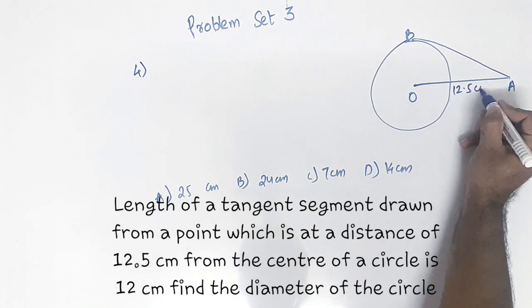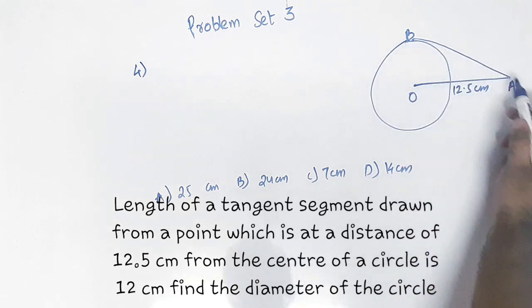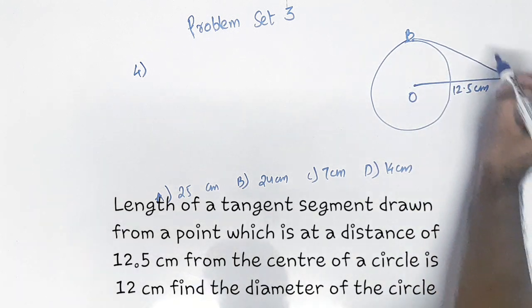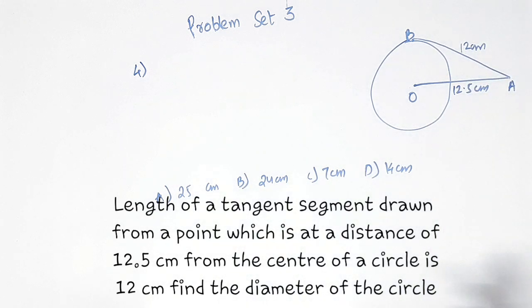So this is 12.5 centimeter away, and the tangent length is 12 centimeter. We are asked to find the diameter of the circle.